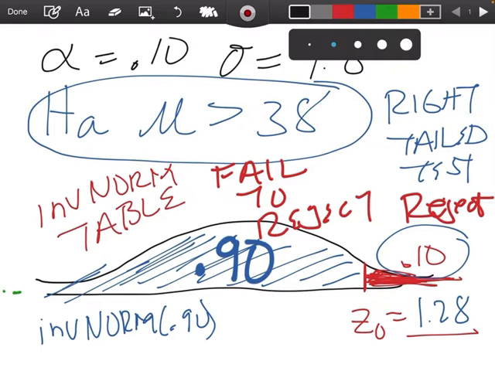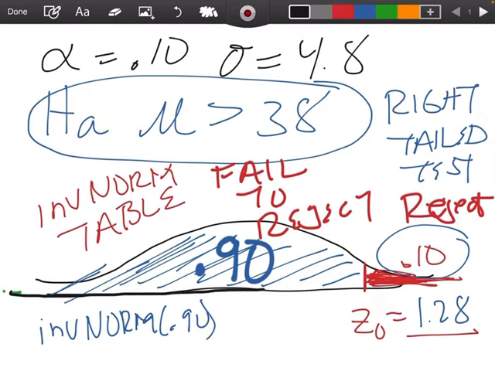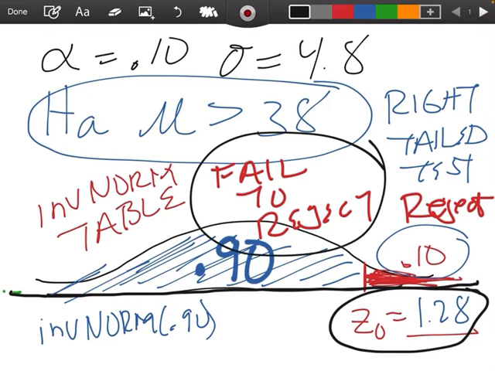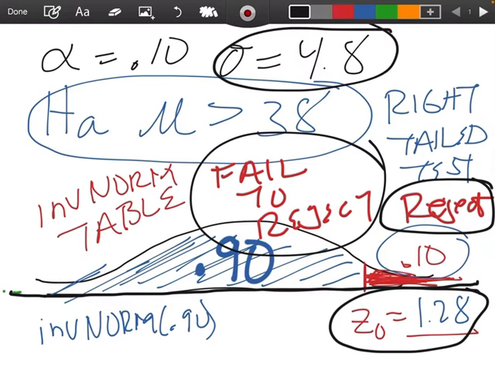So then when we find our standardized test statistic, wherever that value is going to be, now whenever I find my standardized test statistic, I need to figure out, is it going to fall to the left of 1.28, which would be in my fail to reject region, or is it going to fall to the right of 1.28, which would be my rejection region, okay?